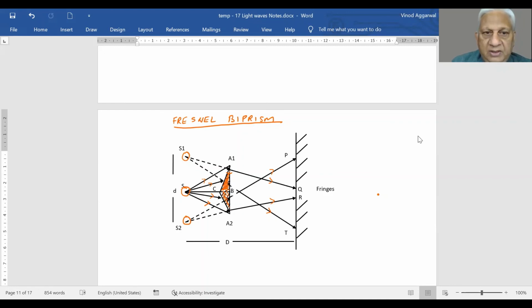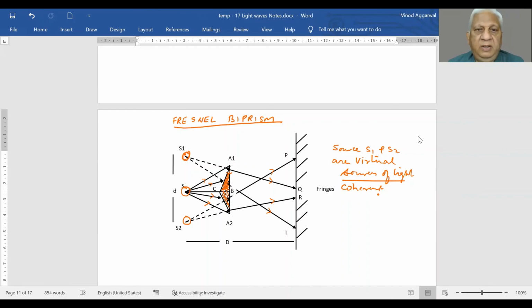So it appears that sources S1 and S2 behave like virtual sources, because geometrically everything between S1 and S2 is identical. So the sources are also coherent. There is no reason to believe that there will be a phase difference between S1 and S2.